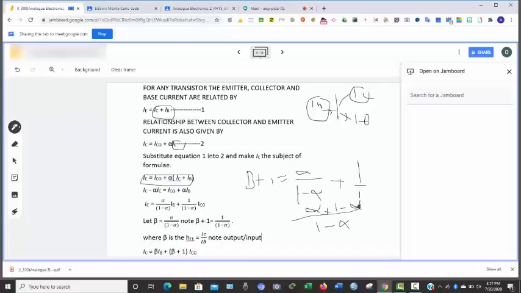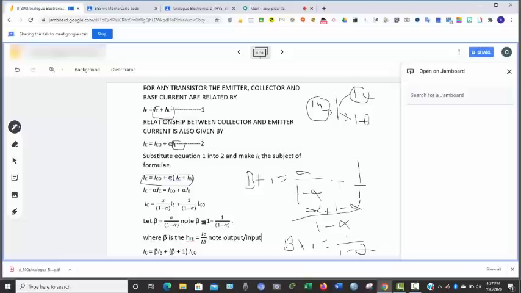So plus alpha minus alpha will give me 1. So it means beta plus 1 is equal to 1 over 1 minus alpha, which is what we have.